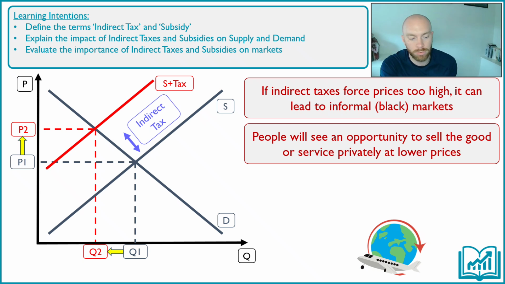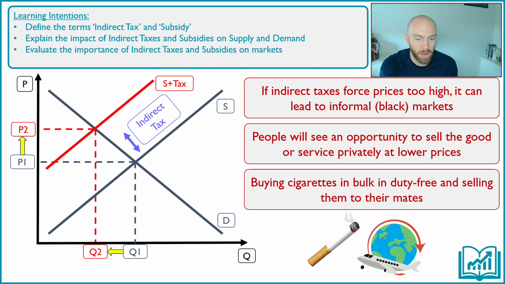So imagine people, they are in duty free, they buy cigarettes in bulk, and then they sell them to their mates off the record for cash, maybe. So away from the tax person. All right, or they go to France, buy goods in bulk, bring them back over, sell them at markets or wherever it might be. A good example of this is, it's not necessarily due to taxes, but the price of watching sports got really expensive, so people turned to Fire Sticks as an informal market to watch those channels.